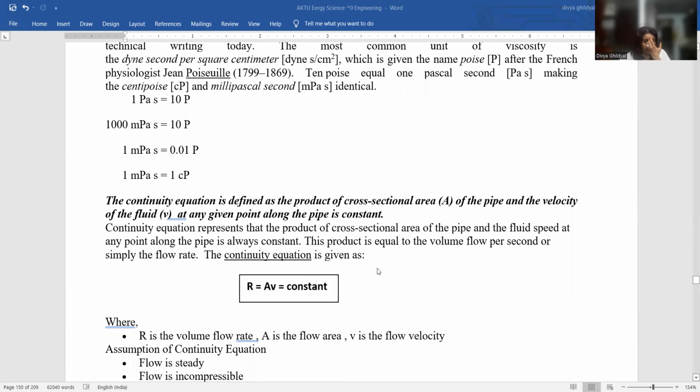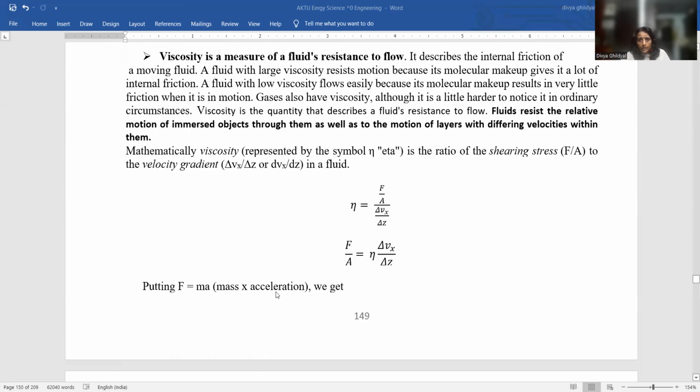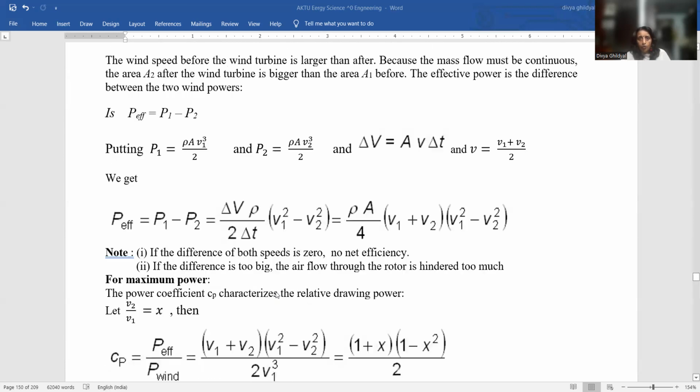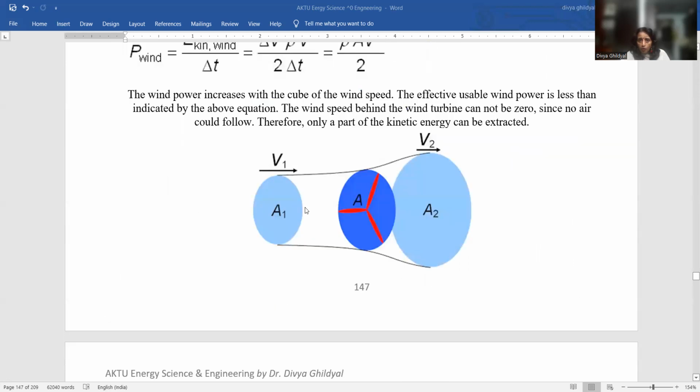Now, continuity equation. It is defined as: the product of the cross-sectional area of the pipe and the velocity of fluid at a given point along the pipe is constant. How do we get this continuity equation? A into V equal to constant. See, look at this diagram here. Whatever amount of water has entered here, only that much amount will exit out here.